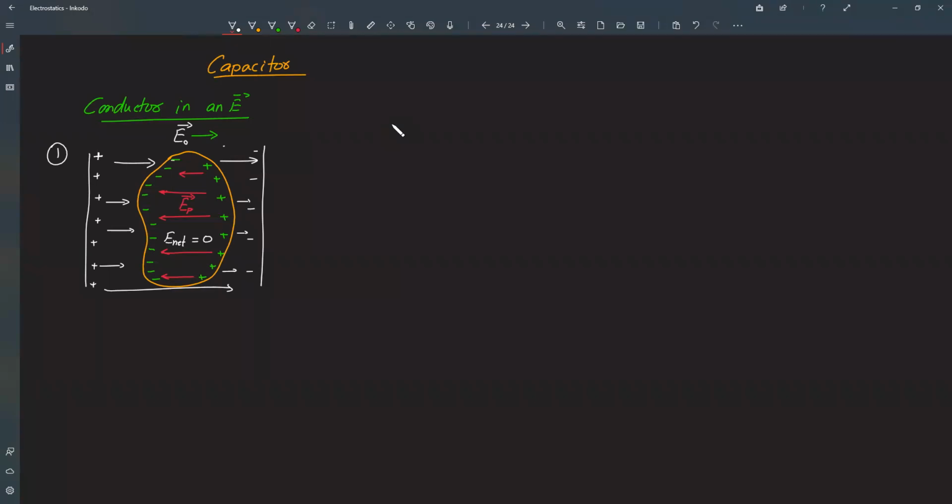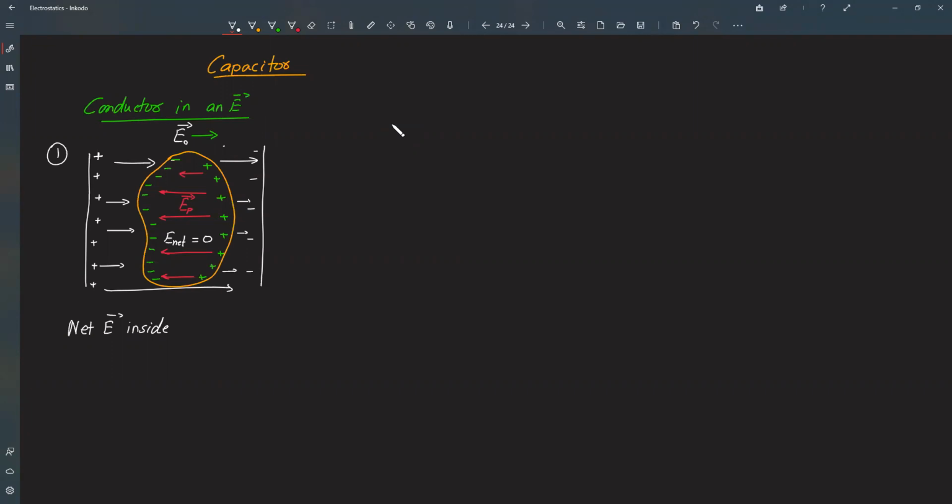Obviously, because there is an internal electric field which is equal and opposite to the outer field. So the net field inside is 0. So that is the one thing, that is the net electric field inside the conductor. This is when the conductor is placed in the field.